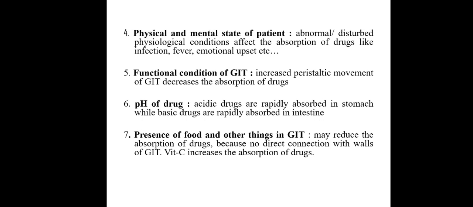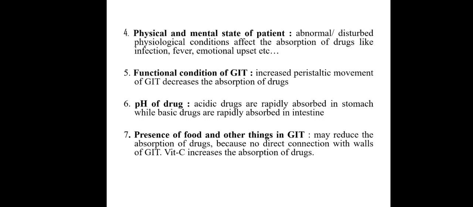And the next one is the functional condition of the GIT. Increased peristaltic movement of the GIT decreases the absorption of the drug. Even if there is a functional problem in our GI system, it will affect the absorption of the drug. Next, pH of the drug.